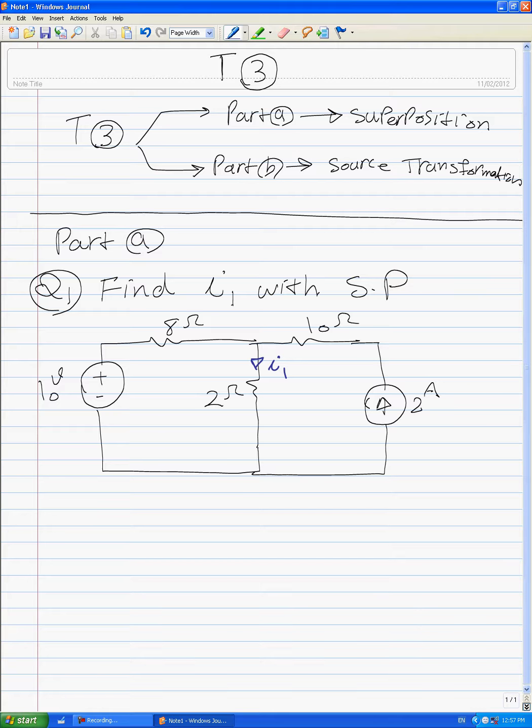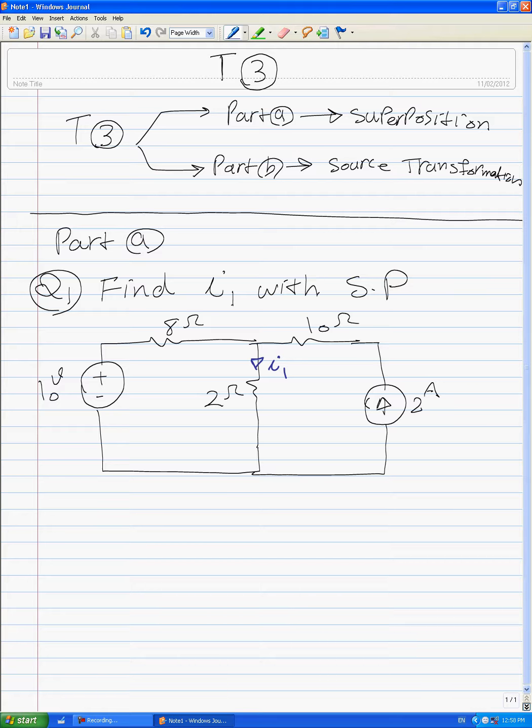It means in this question, because we have two independent sources, 10 volts and 2 amps, superposition technique changes this circuit to two sub-circuits.